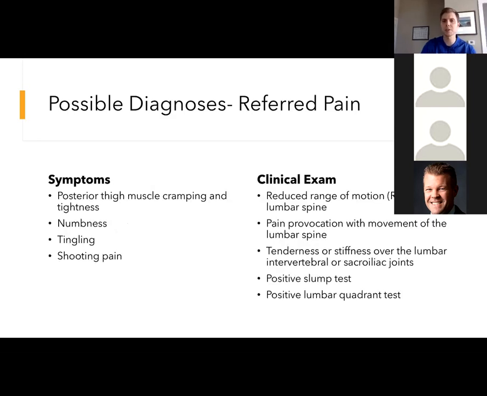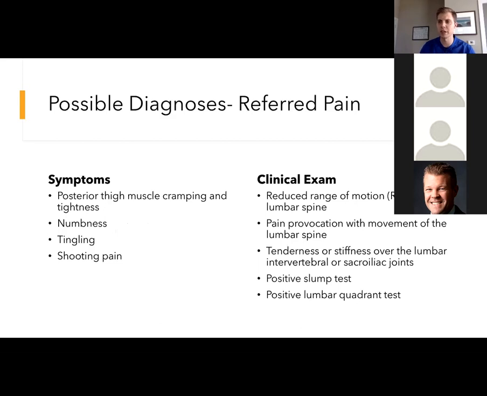Symptoms for these typically include posterior thigh muscle cramping and tightness, numbness, tingling, shooting pain, those classic signs that ring a bell in my head when I'm doing my subjective interview. If I'm hearing numbness, tingling, shooting, I'm going to think radiculopathy to rule that in.